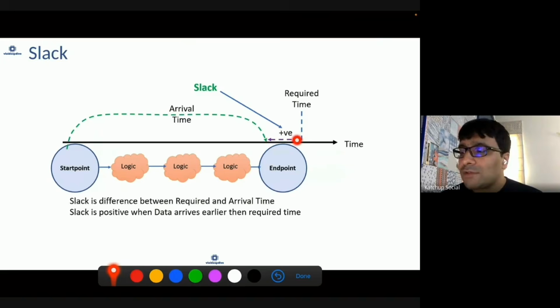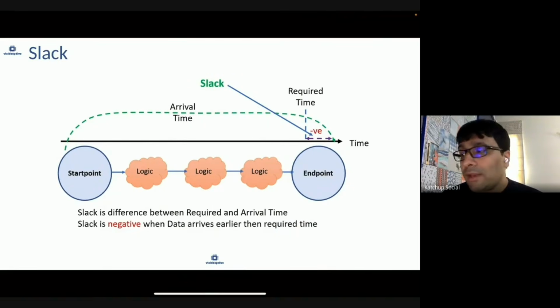That means you are meeting timing: you should have arrived by this time, but you're arriving earlier. If slack is 0, you're just reaching at the required time. If it is positive, you have some margin and your data is arriving earlier. So slack is positive when data arrives earlier than the required time.